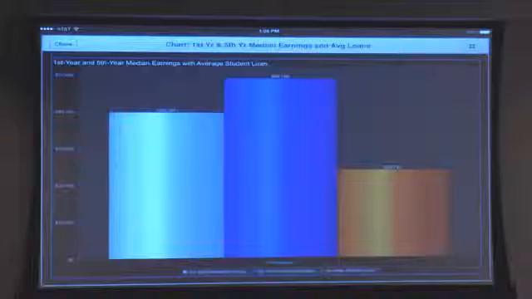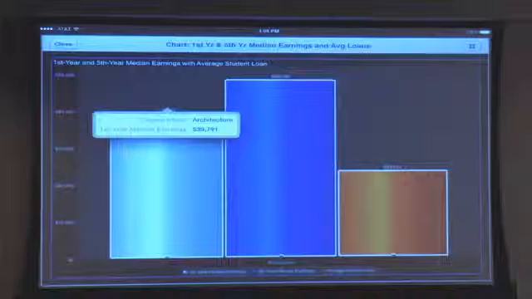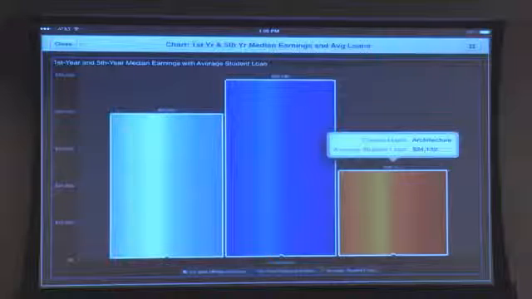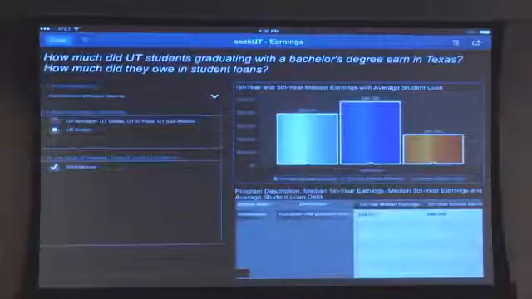And now you can see first year median earnings right out of school around $39,000, fifth year $49,000, and average student debt $24,000. And this is student debt of those students who have taken out loans. So we've only looked at the population of students who've taken out loans. These are full-time earnings.